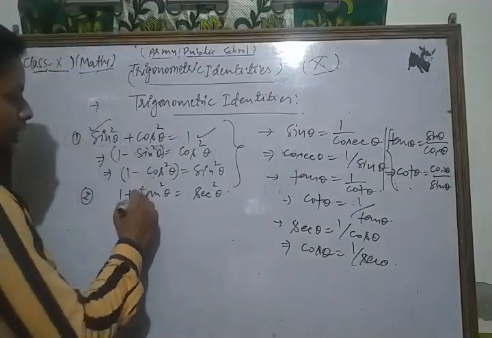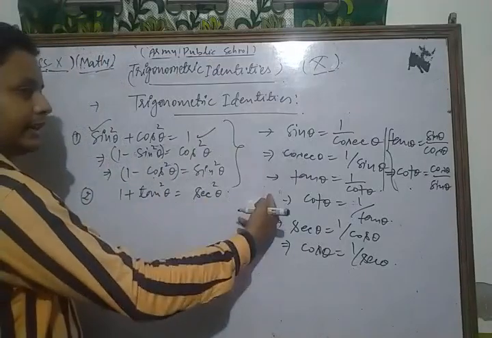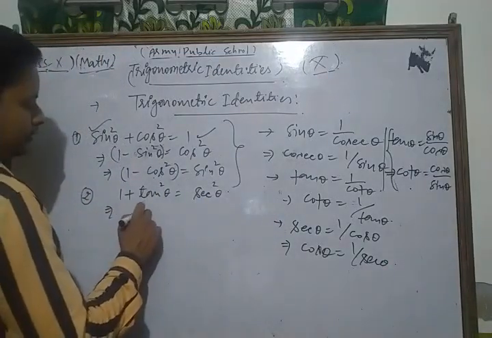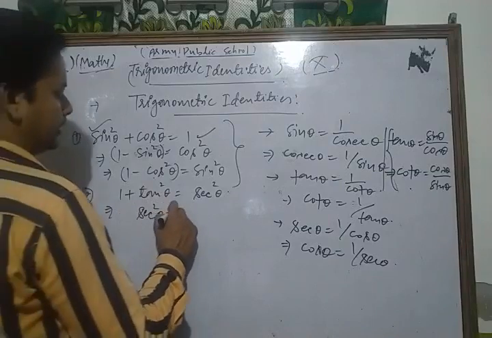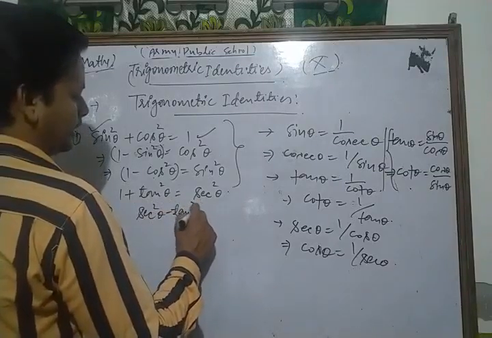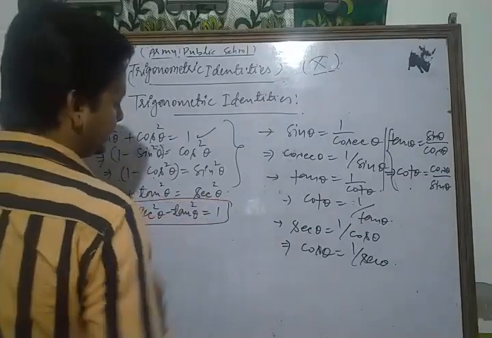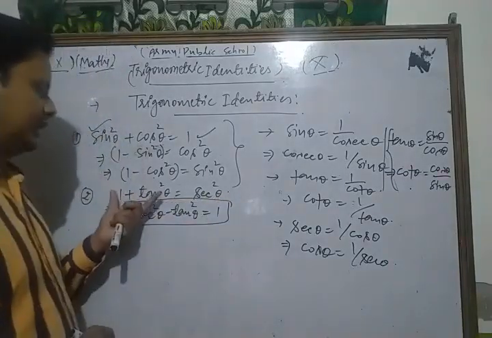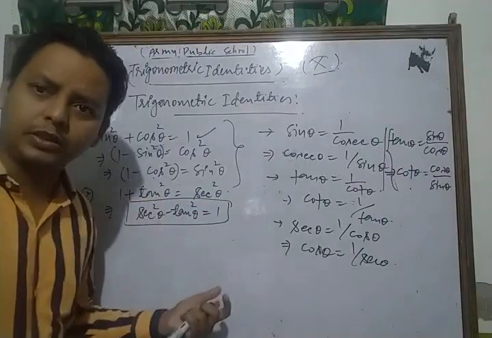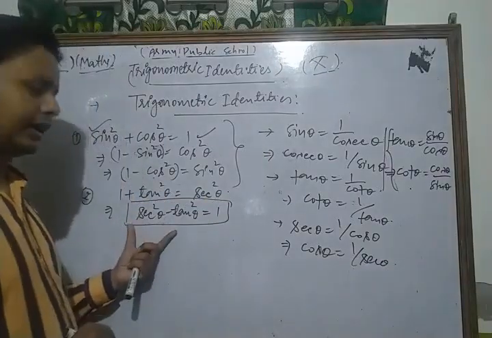Dear students, if we transfer tan square theta to that side, we get sec square theta minus tan square theta is equal to 1. This is a very important identity. So please learn 1 plus tan square theta as sec square theta, and from there you can find that.